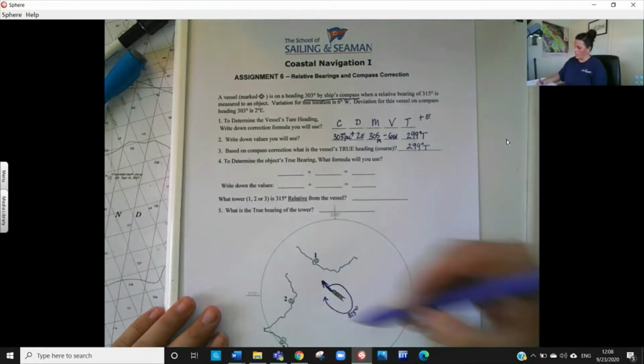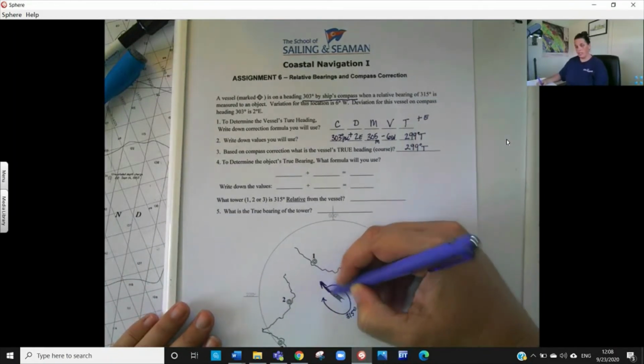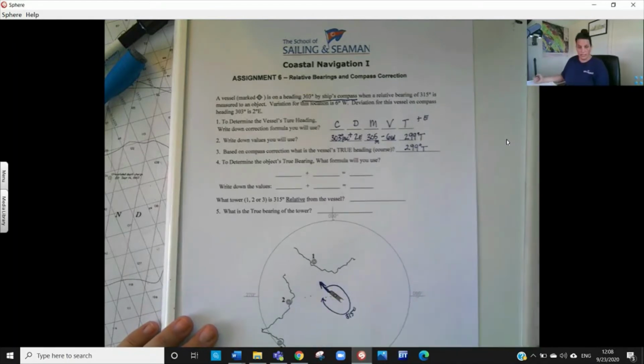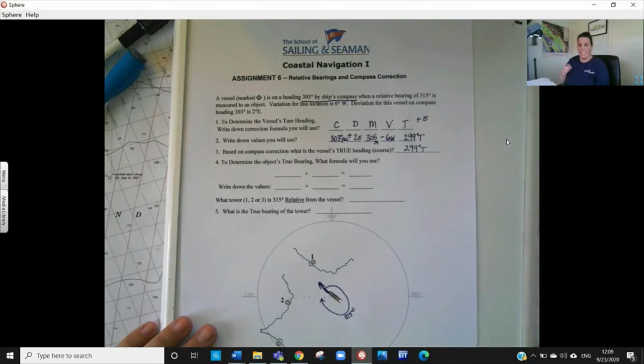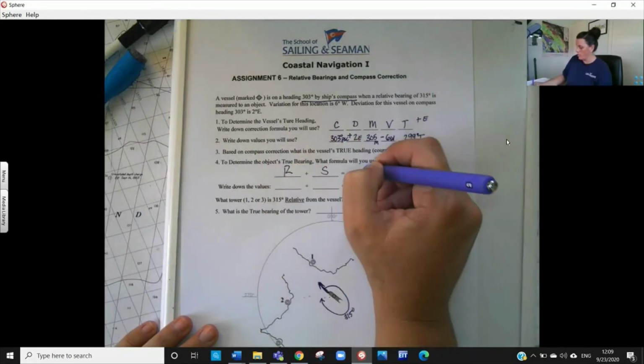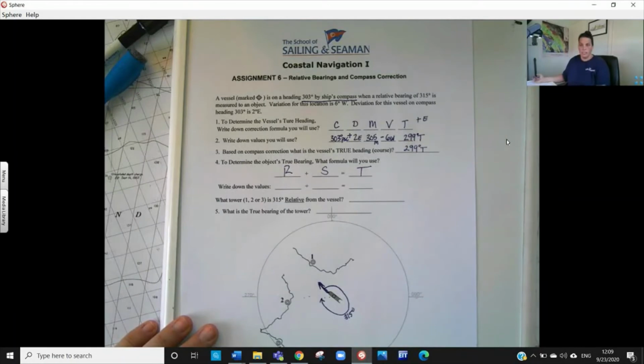Okay, so now I know my true heading is 299, and 315 degrees clockwise from that heading is a relative bearing. So what is that relative bearing in true, so I can plot it on the chart? My formula that I like to use here is R plus S equals T, RST.